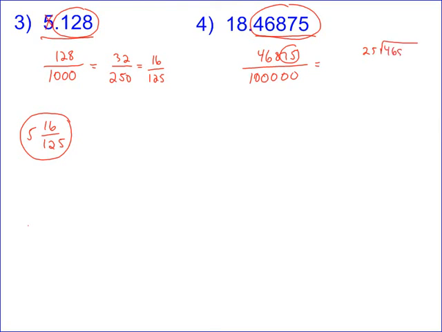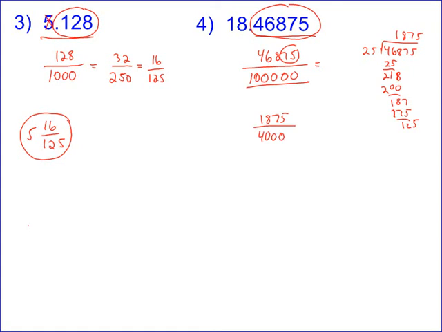And I check to see if 25 goes into 4, 6, 8, 7, 5. And it goes into 218 8 times, so 200. 187, 25 goes into 187 7 times. 175, and then 25 goes into 125 5 times, and so you end up with 1875. 25 goes into 100,000 4,000 times.